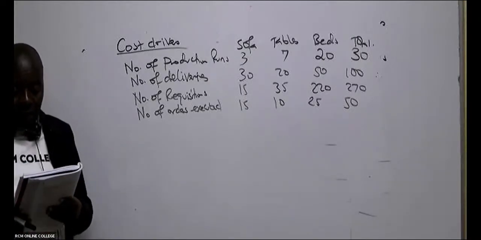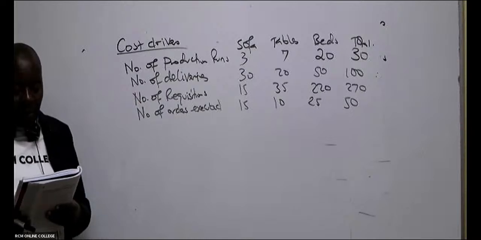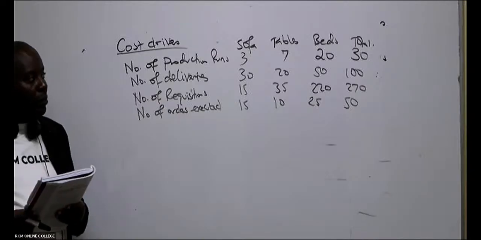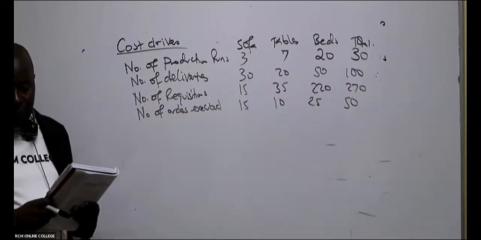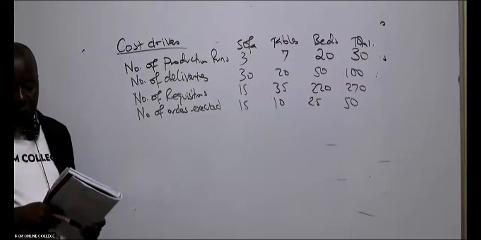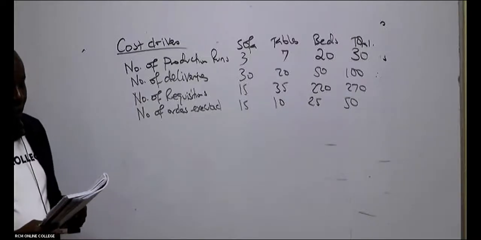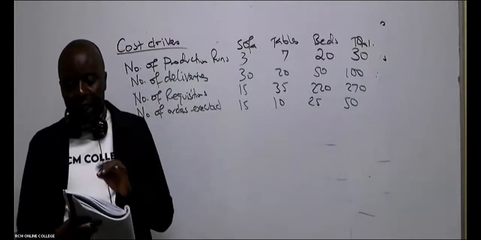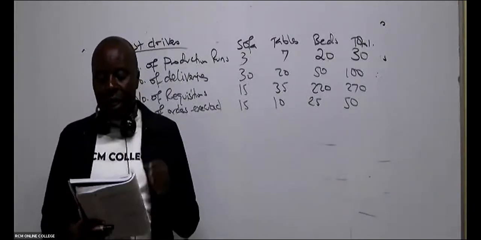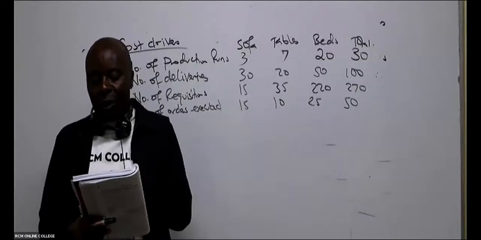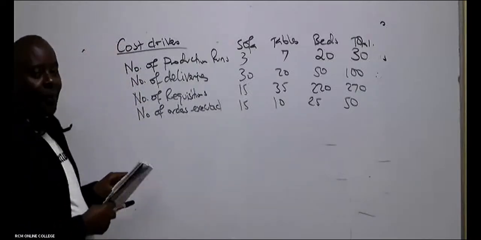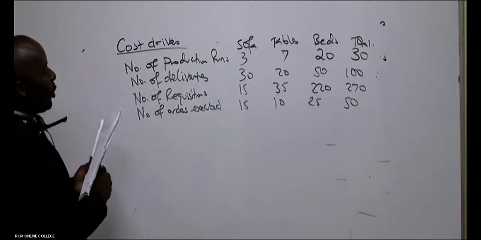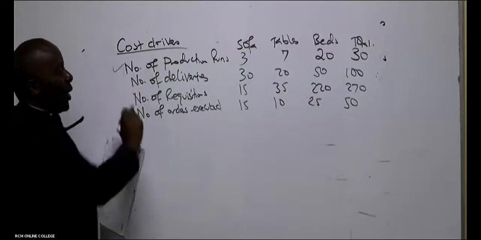Setup costs overhead there is 300,000. Then you can see they shall apportion the first one using the number of production runs that we have.